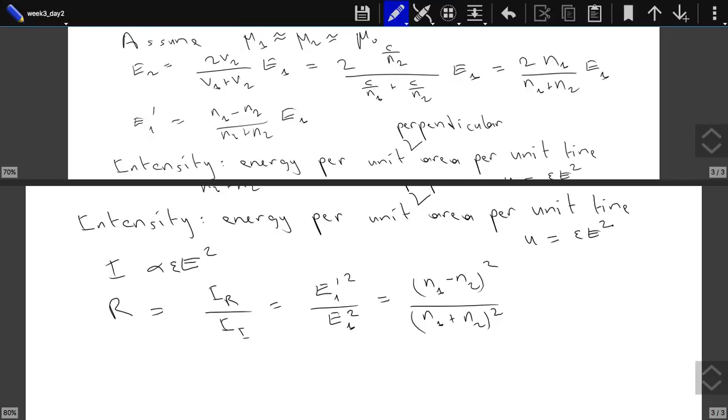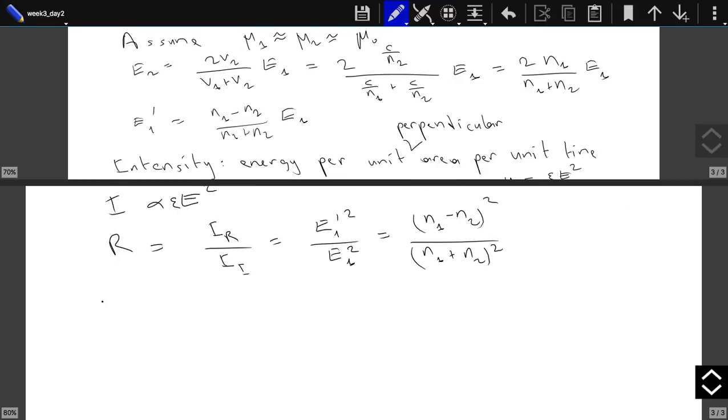So what's the Poynting vector? What was the Poynting vector of this field? Over or times? Over. 1 over mu, since we are looking in a medium.